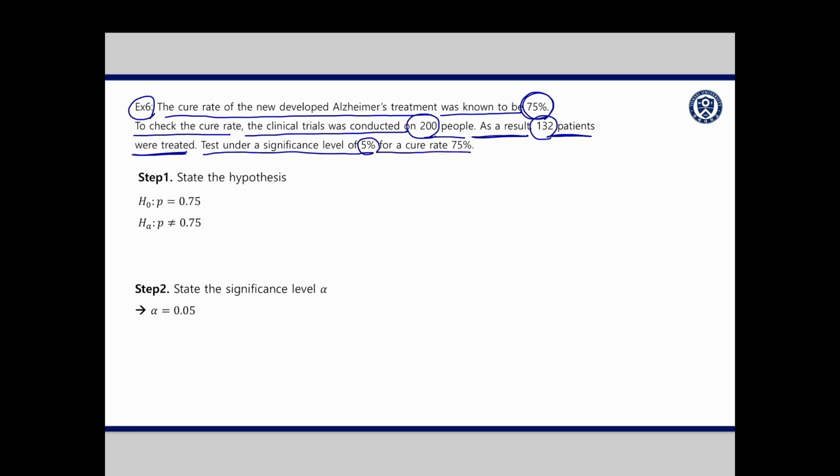Here it is claimed that the proportion of effectiveness for the Alzheimer treatment is 0.75. Therefore, in step 1, the hypotheses are as follows. H0 is that the population cure rate equals 0.75, and the alternative is that P is not equal to 0.75. Okay, this means the two-sided test.